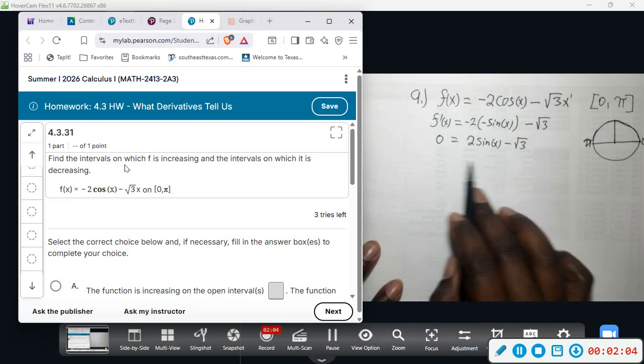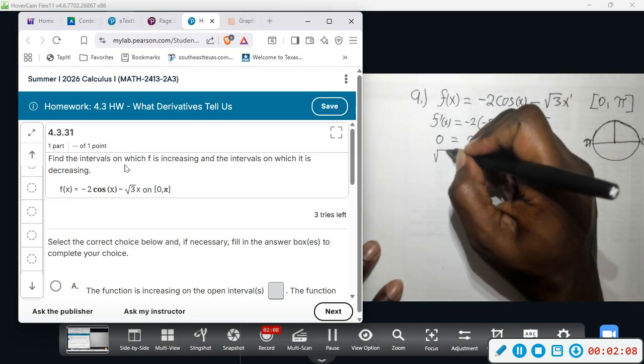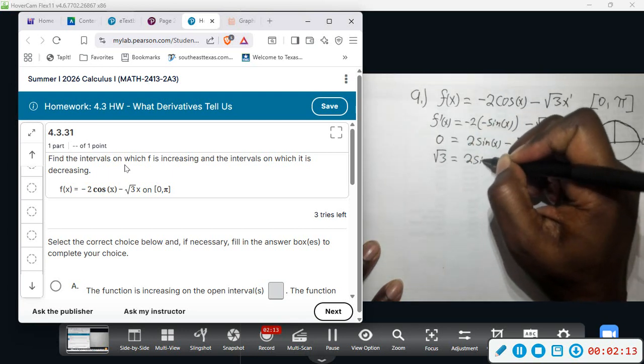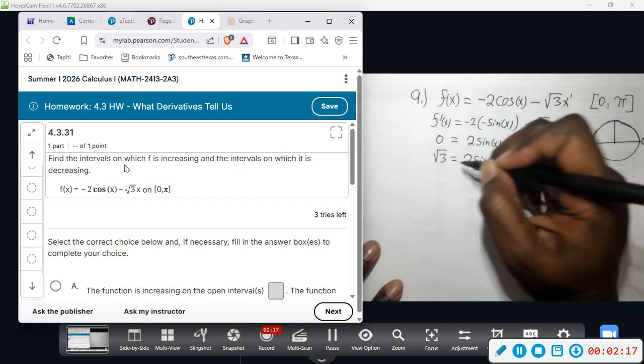So if I add square root of 3, we will get positive square root of 3 equals 2 sine of x. Divide by 2.